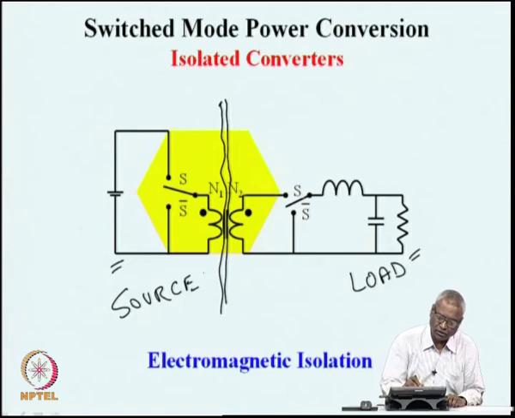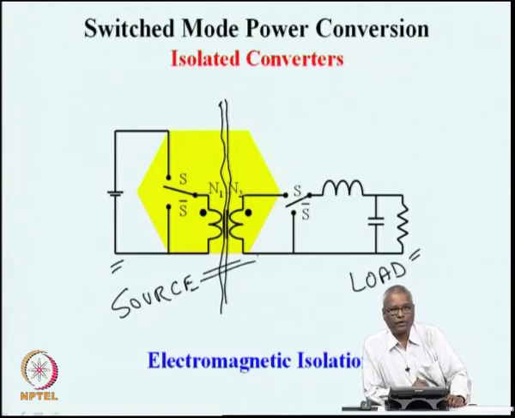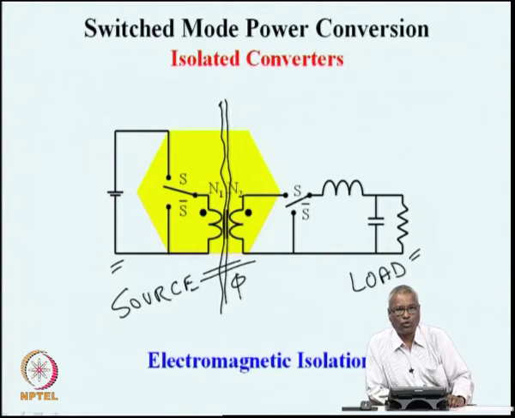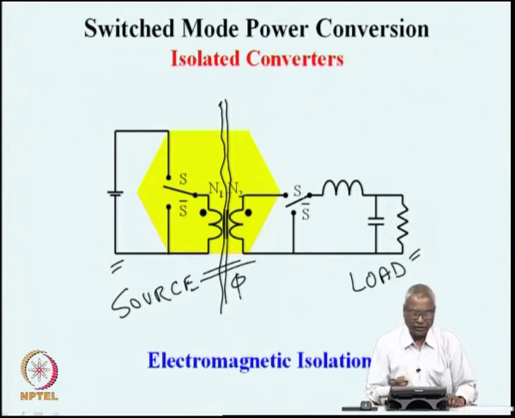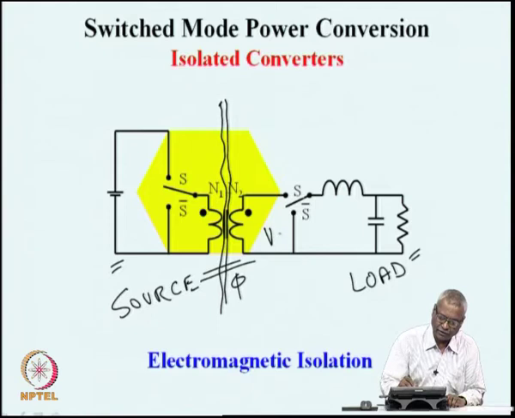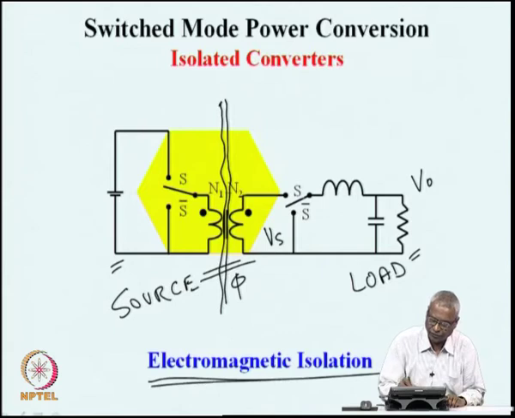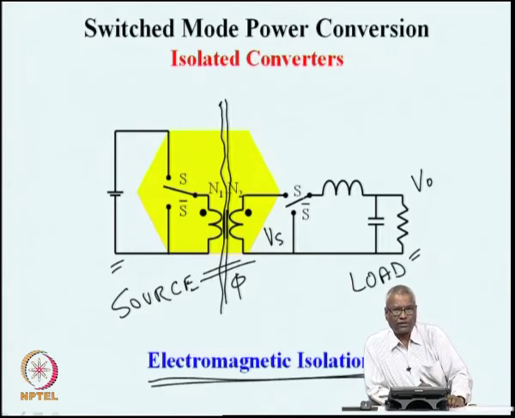They are coupled through appropriate, in this particular case, electromagnetic coupling, a transformer in this case, which transfers the source side energy to a magnetic energy in the core, which in turn gets coupled to the secondary side as a different voltage and which is converted to the required output voltage V naught, which is at a different potential. The isolation provided is electromagnetic isolation. These converters are called isolated converters.